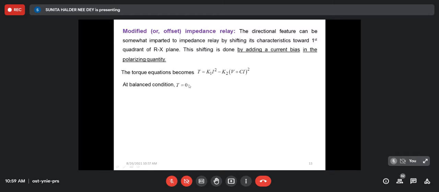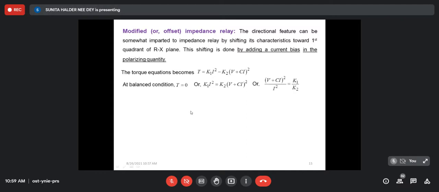At balanced condition, instead of only voltage, we are providing some current also, proportional to current. So actually this is some ZI, which is provided in the restraining coil. Overall it is voltage, but it is a function of current, dependent on system current also. In that way we can control the operating characteristics of the impedance relay.